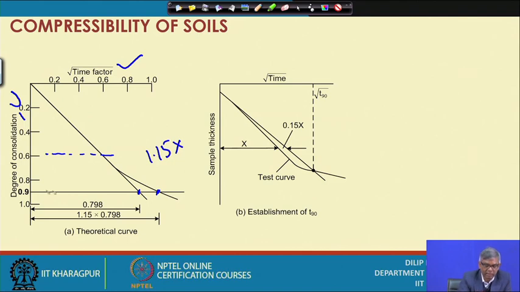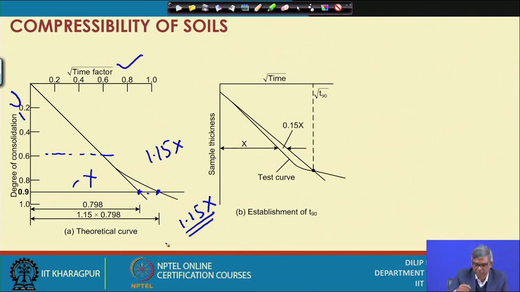At this straight line at 90%, whatever initial line you have got up to 60%, we extend it up to 90%, whatever value you read, suppose x, then the actual curve at that point will be 1.15 times x. So, this is the important observation to be used for finding the coefficient of consolidation Cv.